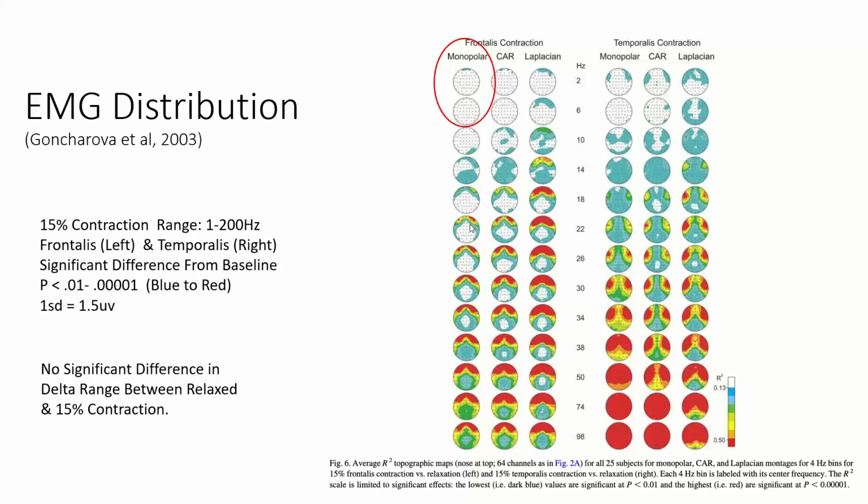You would see it much more clearly at 22 hertz if you were in the 75 hertz range or something like that. But at a moderate EMG that a typical person might come in with, that's not too high, you really don't get much until you get up in the 22 hertz range.